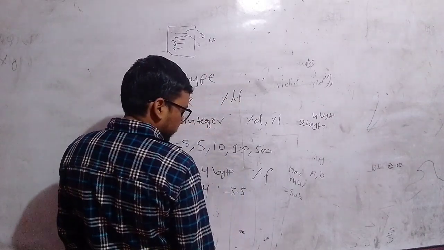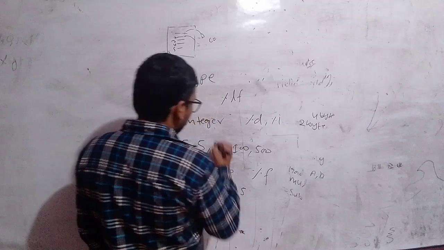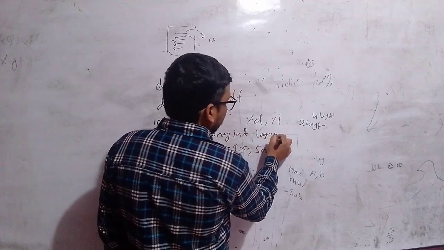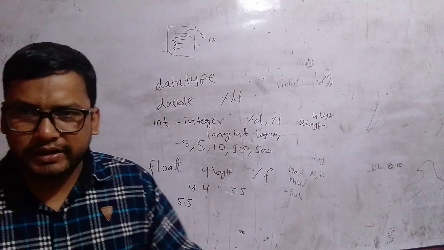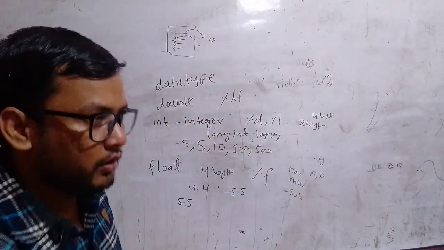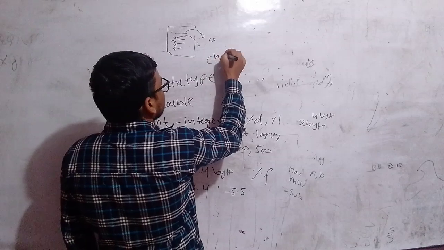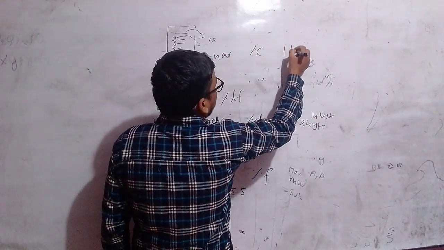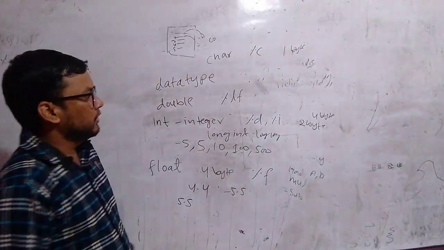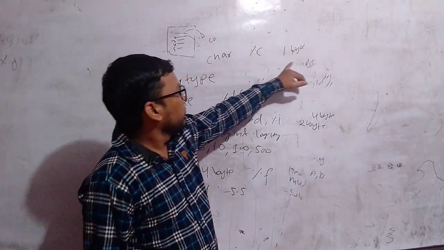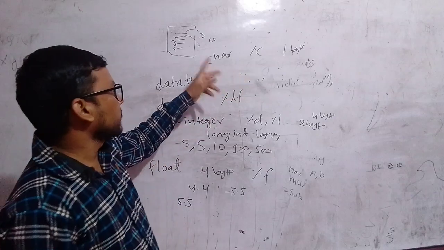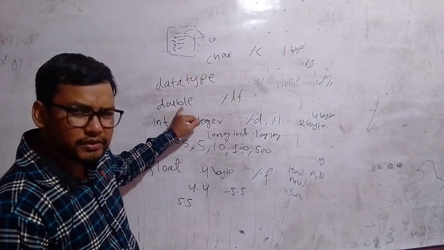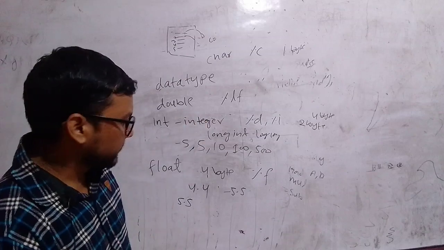And there is long int, long float, unsigned integer, unsigned float, character. Another important variable is character. %c takes 1 byte. This is one of the most important data types in the C programming language. The most important data types are the character, float, and integers. The others we can also use according to our requirement.